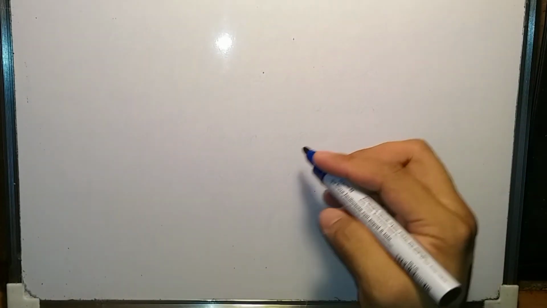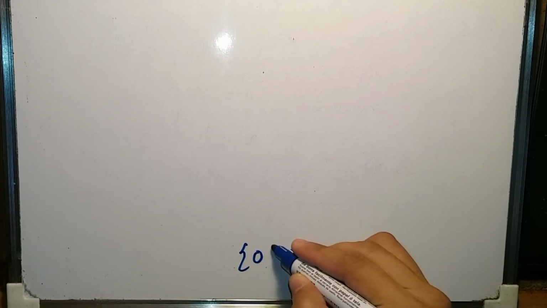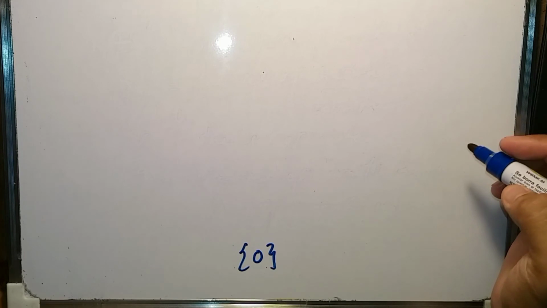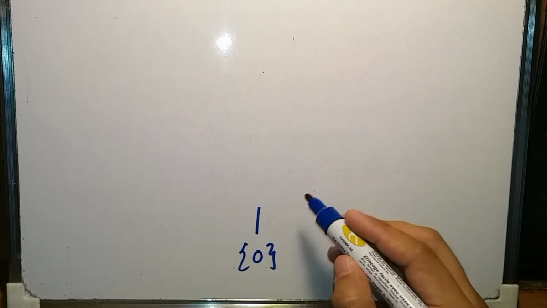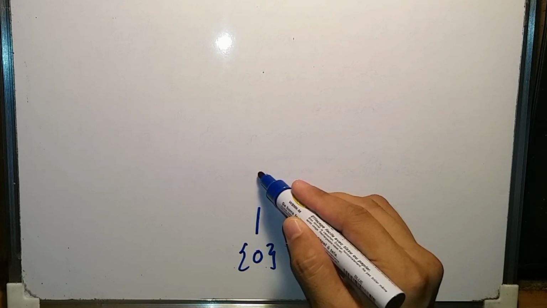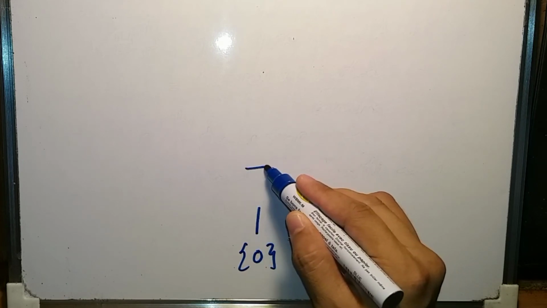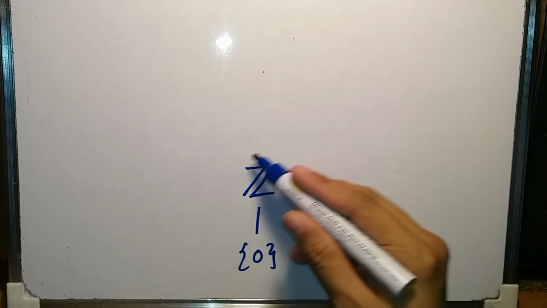So basically we have the set containing 0, and then after that it includes the integers.